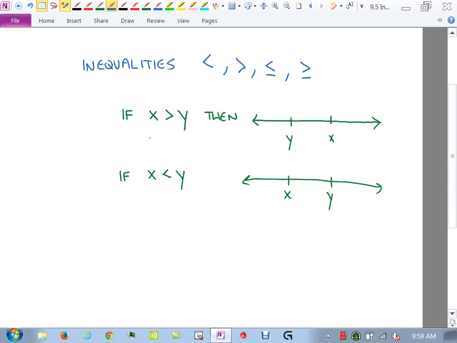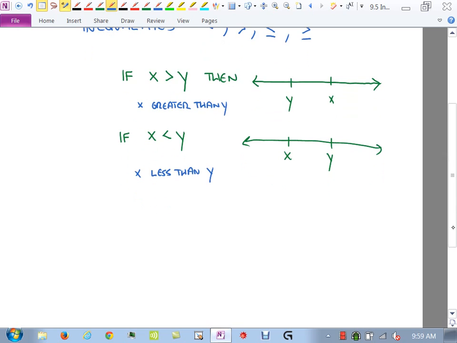Now below these, I'm going to put how you say it: x greater than y. Here, x less than y. Now how do those two symbols differ from these? What if I write this?